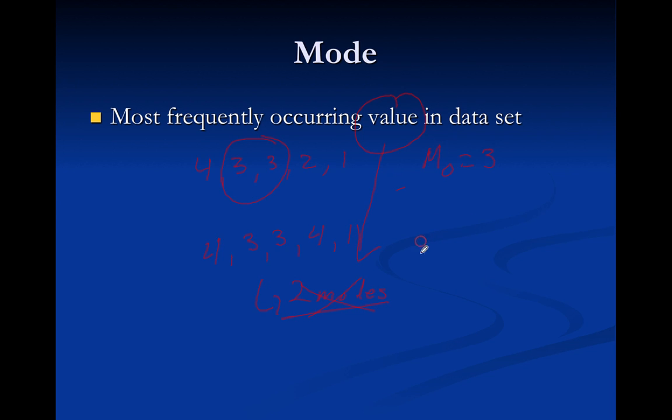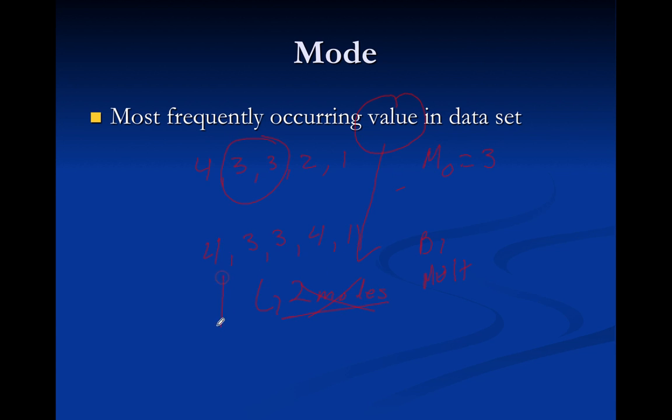Now, where does the term bimodal and multimodal come into play? We are going to talk about that next time whenever it is that we talk about frequency distributions. So I'll talk about that later on, not at this point. Okay, so don't worry about bimodal and multimodal. Only worry about the mode. So if 2 numbers or 3 numbers or 4 numbers occur as frequently and more than any of the other values in your data set, you have no mode.